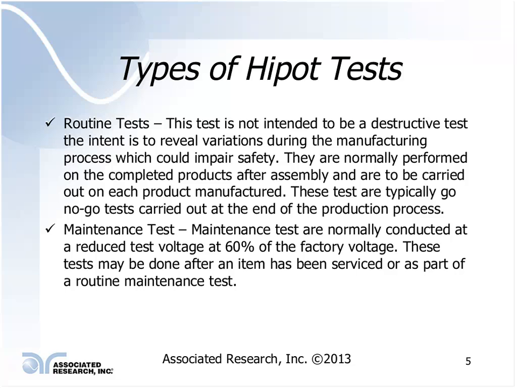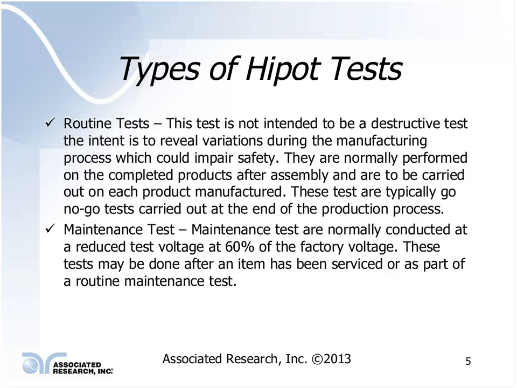Again, these tests are normally performed on the completed product after everything is fully assembled, essentially before the product is packed up and ready to go, at the end of your production line process.